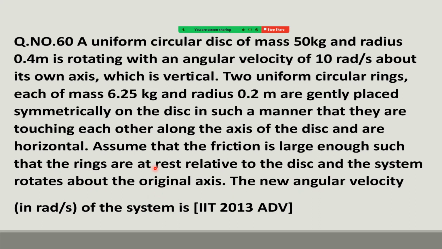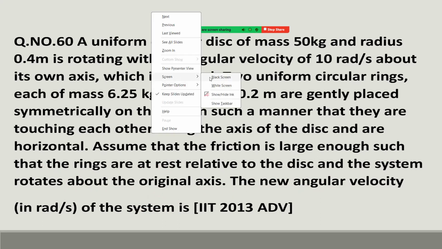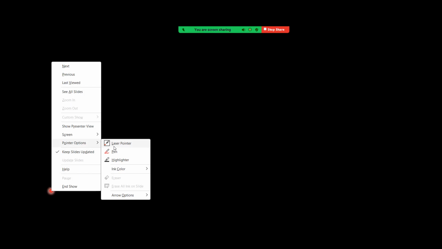First, let us make a diagram for the given data. Then we get clarity on what the question is. Let's say first of all the given circular disk, rotating about its own axis. Its mass is given 50 kg.